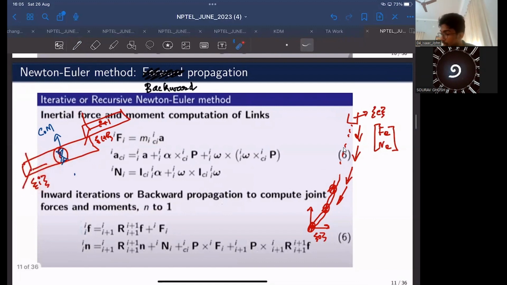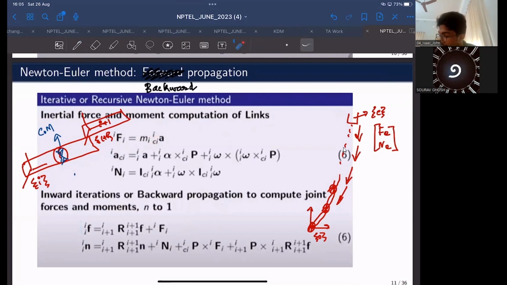So the inertial force is nothing but mass times acceleration, the acceleration of the center of mass expressed with respect to the ith frame. That is why we have this superscript. And the subscript denotes the acceleration of the center of mass, and it is expressed with respect to the ith frame. That is what the superscript denotes.